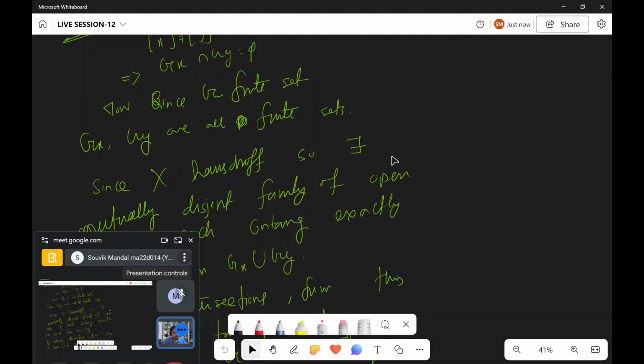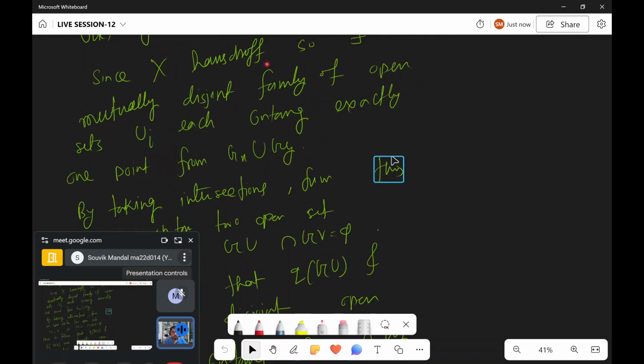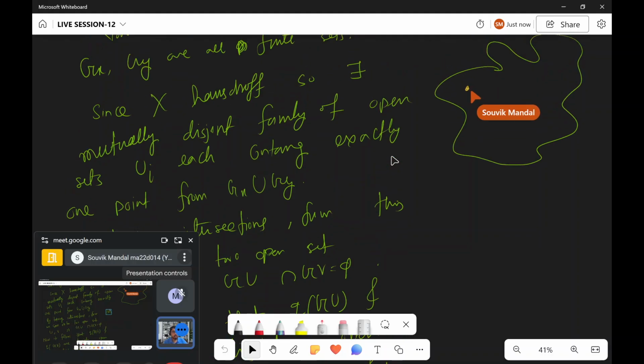So, Gx intersection. Now since G is finite and X is Hausdorff, there will exist a mutually disjoint family of open sets U_i, each containing exactly one point from Gx union Gy. That means what? Diagrammatically, suppose this is big X, and suppose these are distinct points.